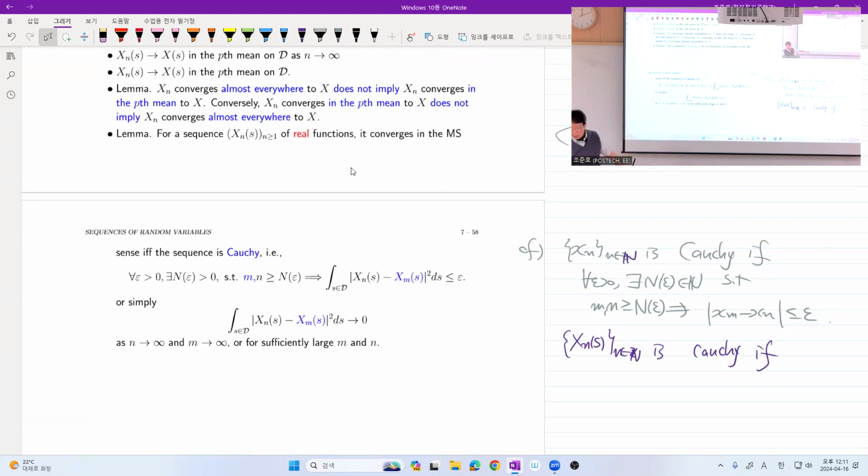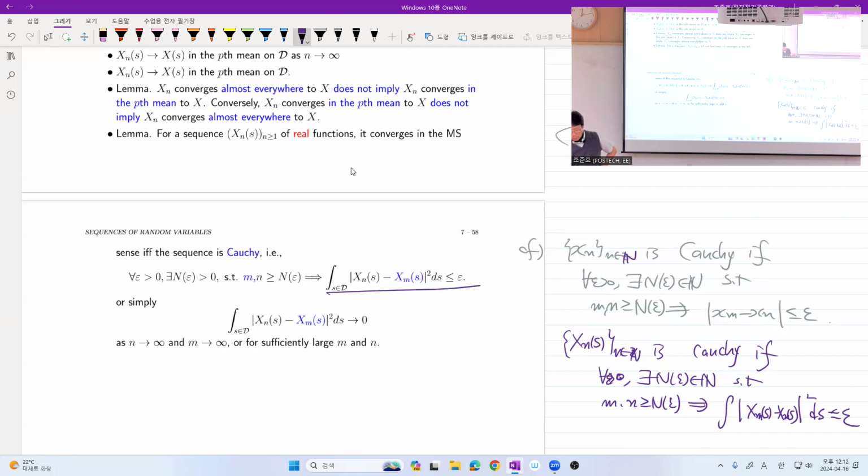The lower side is a Cauchy sequence of functions if for every epsilon positive, there is N of epsilon, a natural number, such that m, n greater than or equal to N of epsilon implies x_m of s minus x_n of s, squared and integrated, is less than or equal to epsilon, right?